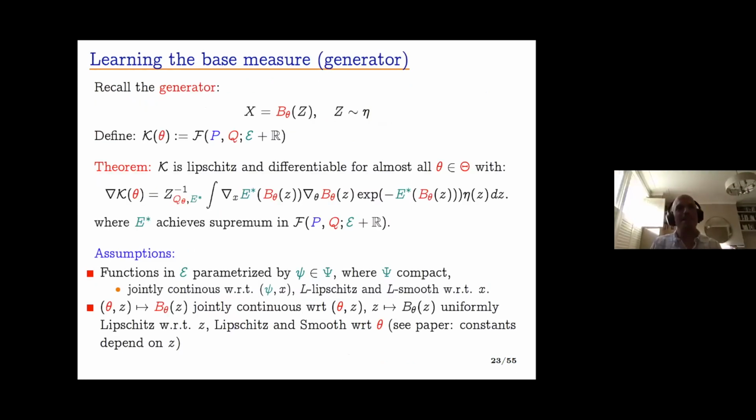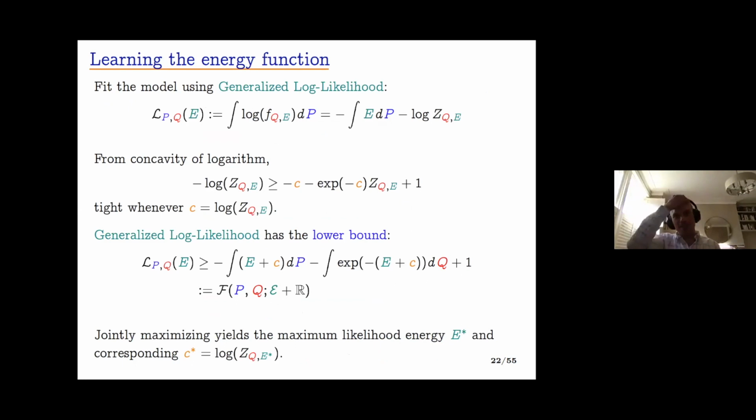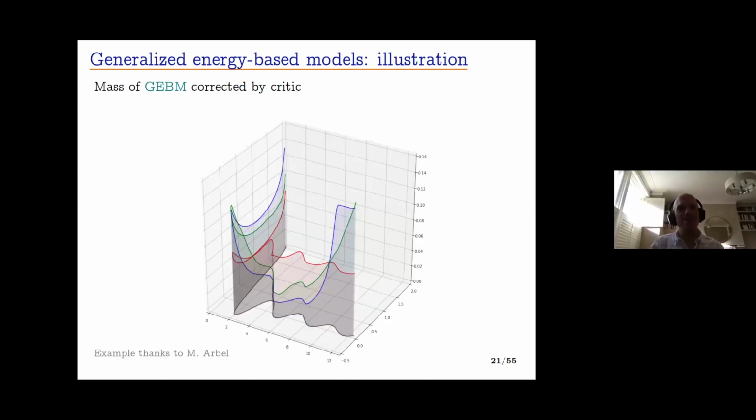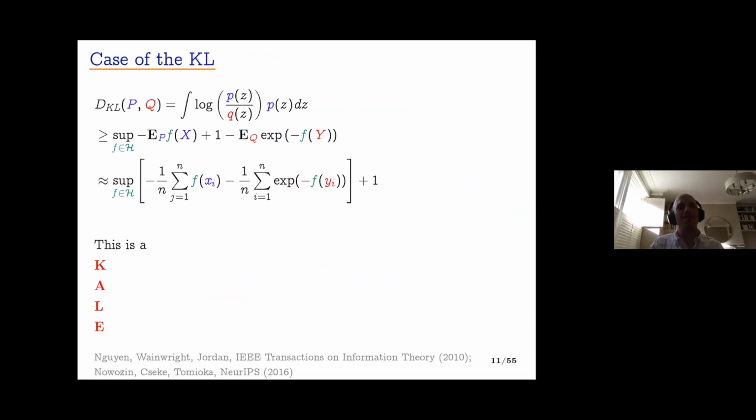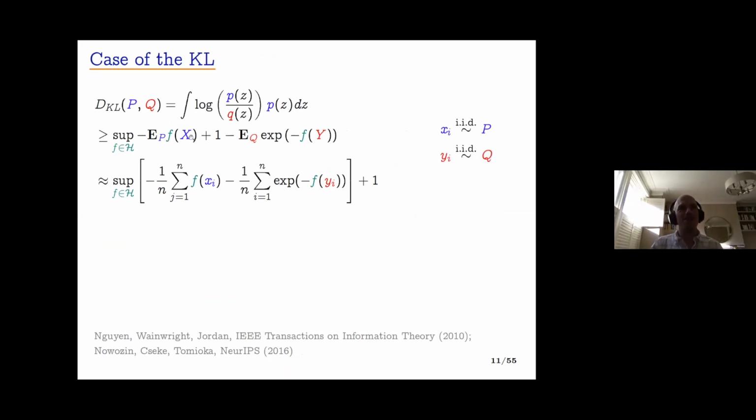Yeah. So I think the best way to understand this is the lower bound that we have on our generalized log likelihood. If you sort of cache this equation here, minus E, and so on, hold that, and then I'm going to go back a bunch of slides. Look at this one. So this expression here, if I replace my F with E plus C, is the same expression.